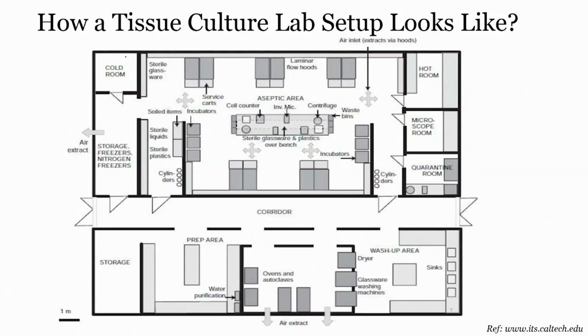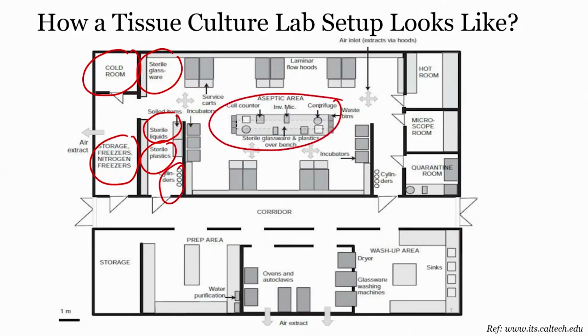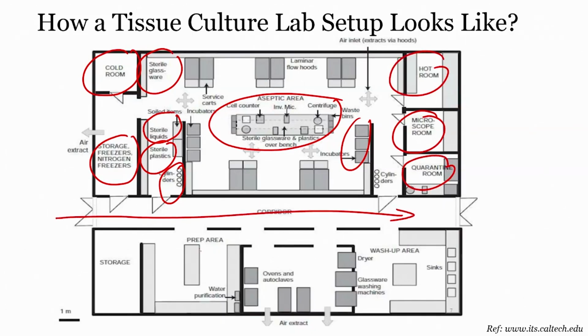You see here there is a cold room, then there are freezers, sterile glassware and sterile plastic cylinders are kept, right. Then this is the area where people work, there are incubators on all the sides, and there is a microscope room, a hot room, a quarantine room, then this is a corridor, right. Again water purification, ovens and autoclaves, dryer, glassware washing machine, sinks, right.